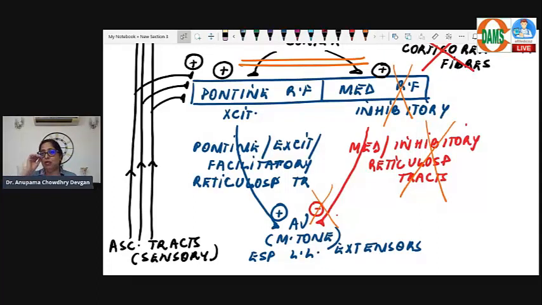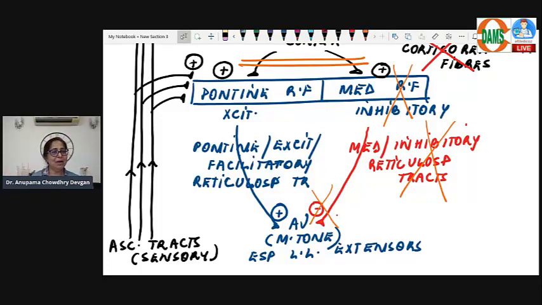Okay? If you remember the lines which are given in your books, why is there increased tone in upper motor neuron lesions, in internal capsule lesions? It says, along with involvement of pyramidal tract, there is involvement of extrapyramidal tract. Which is the extrapyramidal tract which is getting affected?